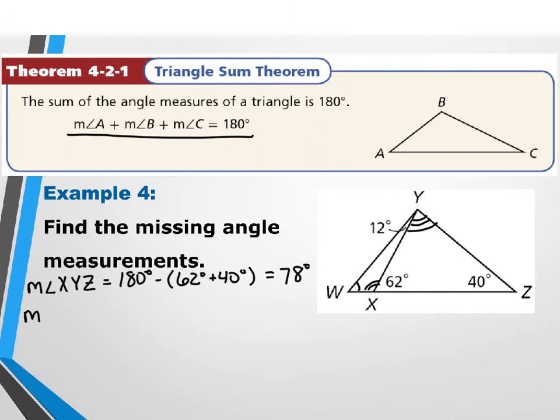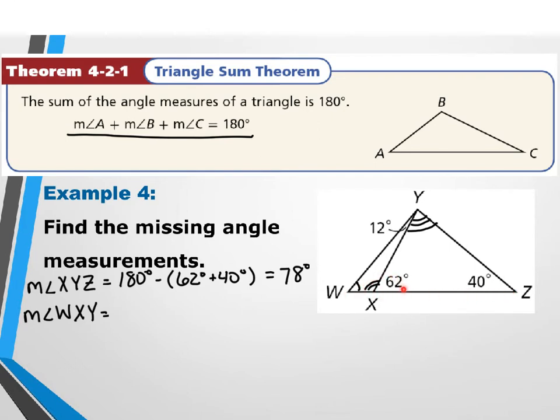Let's find the next one, the one that I have marked with a double angle marking. This is named WXY. And again, we can find this one by using that the whole line right here is a measurement of 180 degrees.